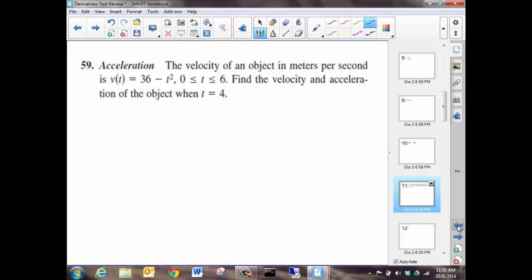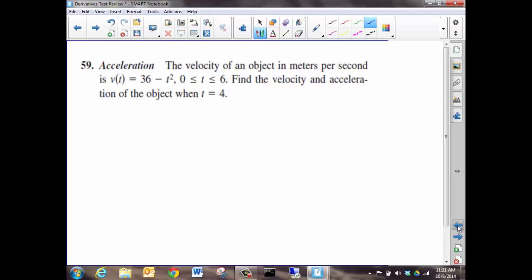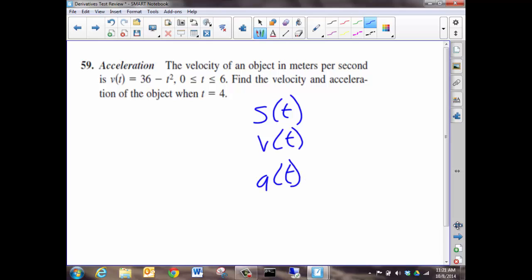What's the main thing to remember about position, velocity, and acceleration? What's their relationship? Very good. Acceleration is the second derivative of position, or the first derivative of the velocity. So all of those things are related to one another.